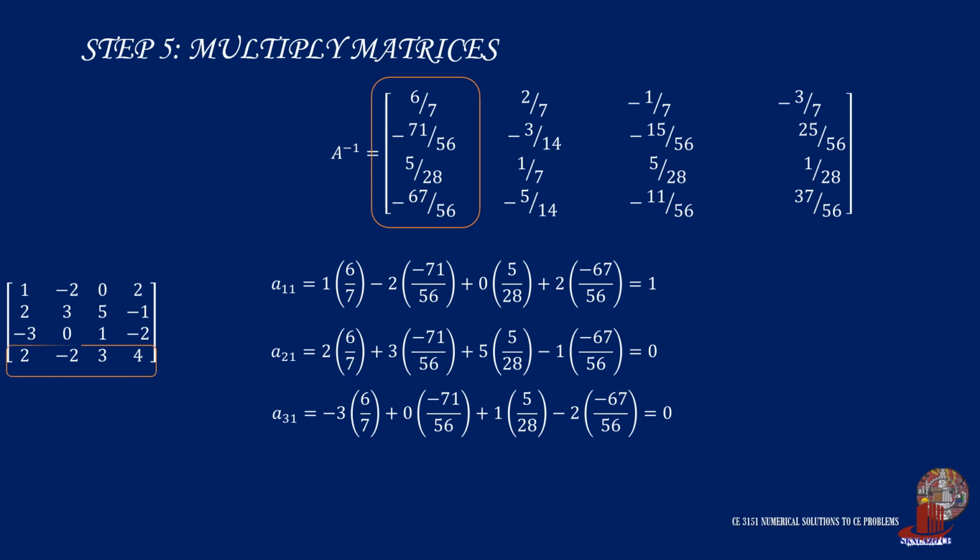For the last row with column 1, we would have element A41, which is twice times 6/7 minus 2 times the negative of 71 over 56 plus 3 times 5/28 plus 4 times negative 67 over 56. Simplify the terms and get 0 again.